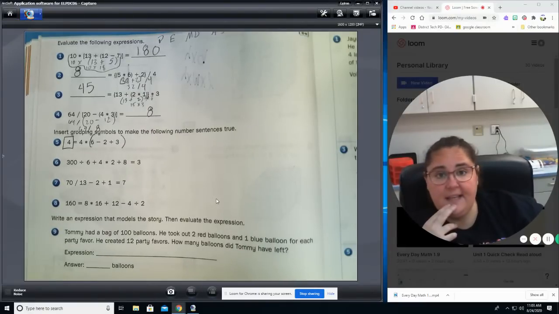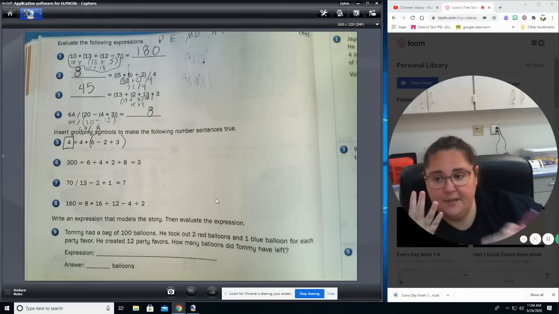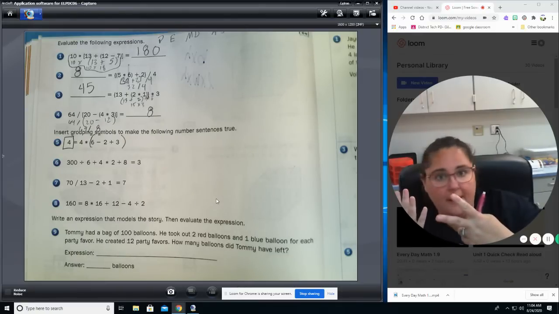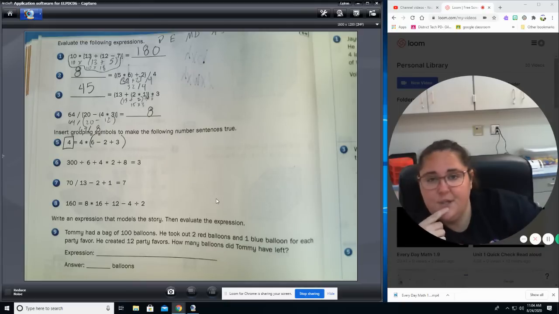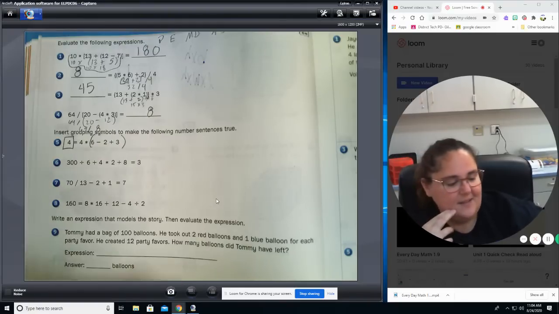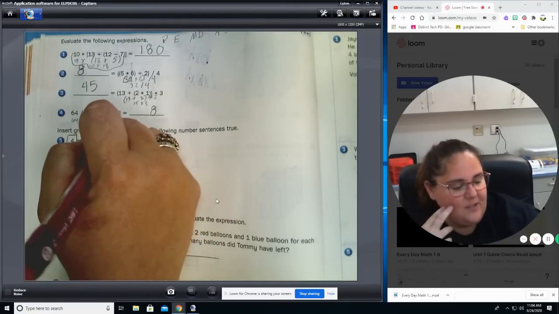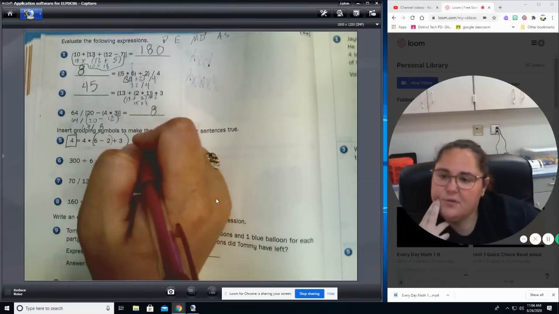Now, if I leave it like it is right now, 6 minus 2 plus 3 does not equal 1. So what can I do with this grouping system to make the answer 1? What happens if I do 6 minus 2 first? We just did that one.